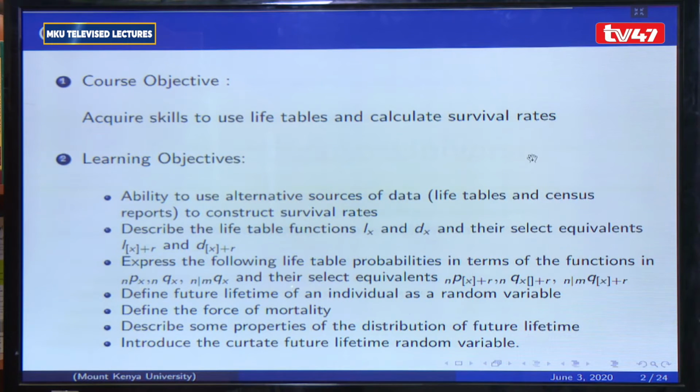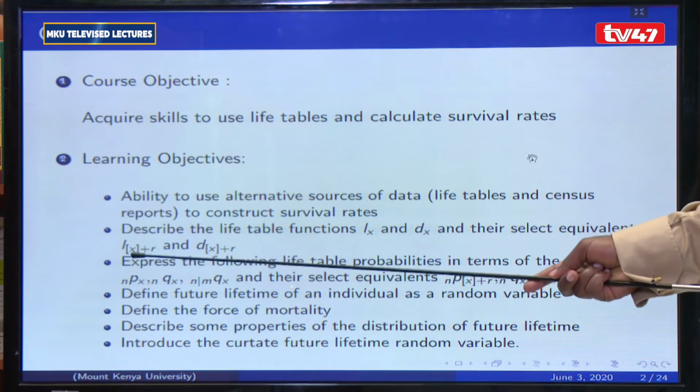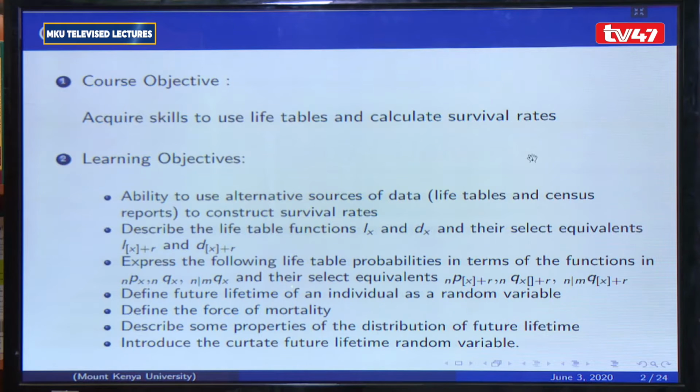describe life table functions, and various actuarial notations that we shall use. We have L subscript x, then we have d subscript x, so x is the subscript, and the select equivalent, L subscript [x] plus r.